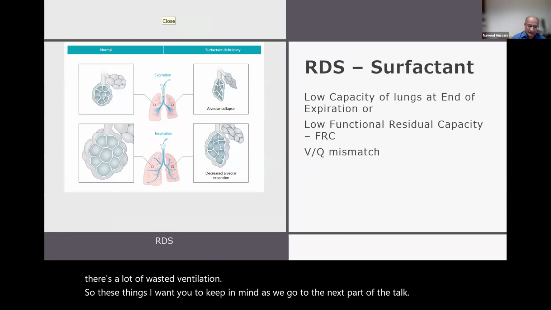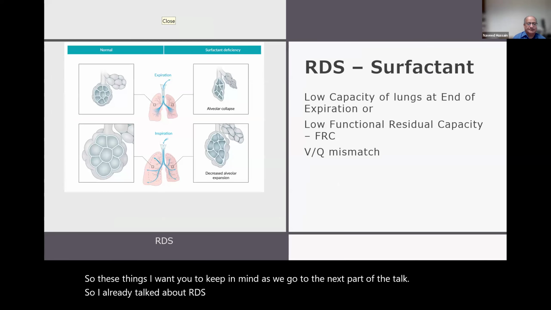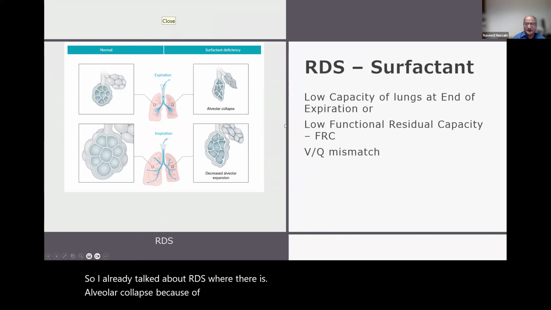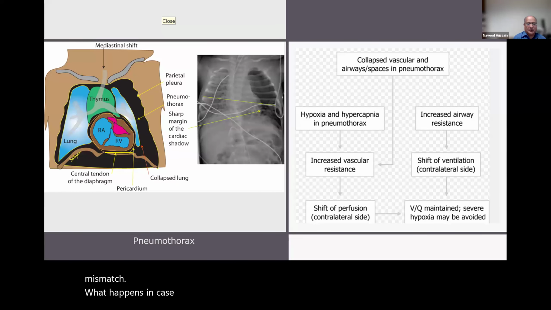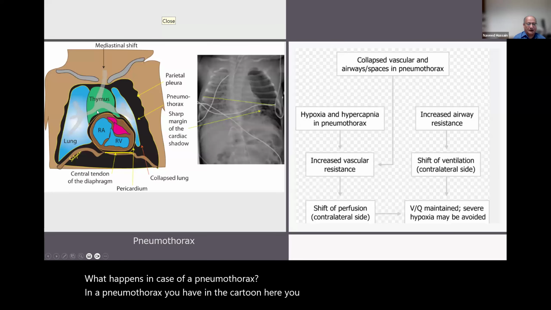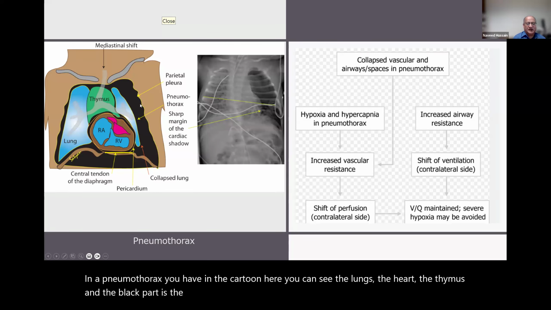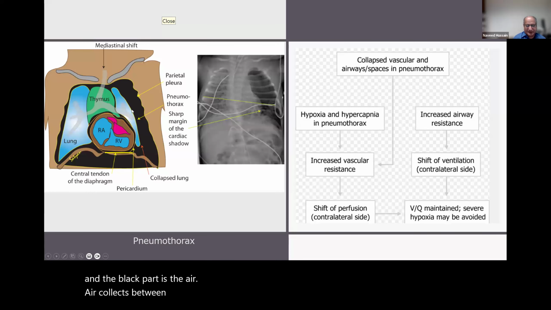So I already talked about RDS, where there is alveolar collapse because of lack of surfactant, low functional residual capacity, and a VQ mismatch. What happens in case of a pneumothorax? In the cartoon here, you can see the lungs, the heart, the thymus, and the black part is the air. Air collects between the two parts of the pleura, the visceral and the parietal pleura. That's how it looks on the X-ray.